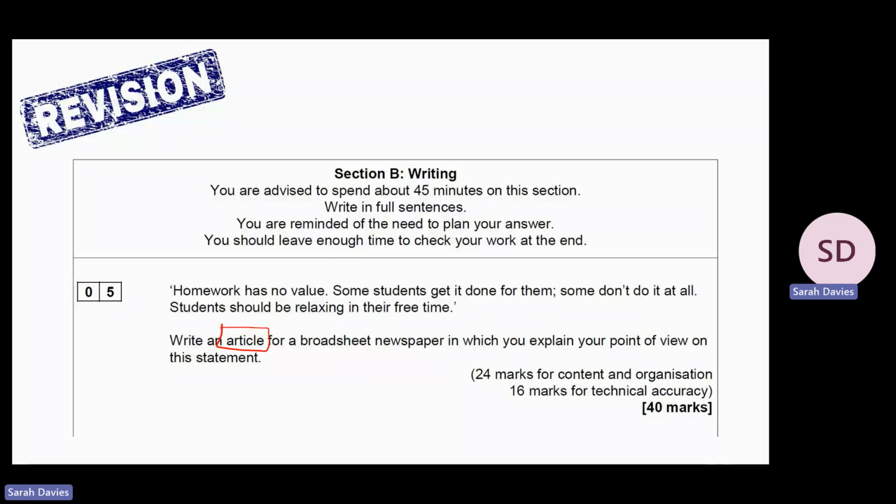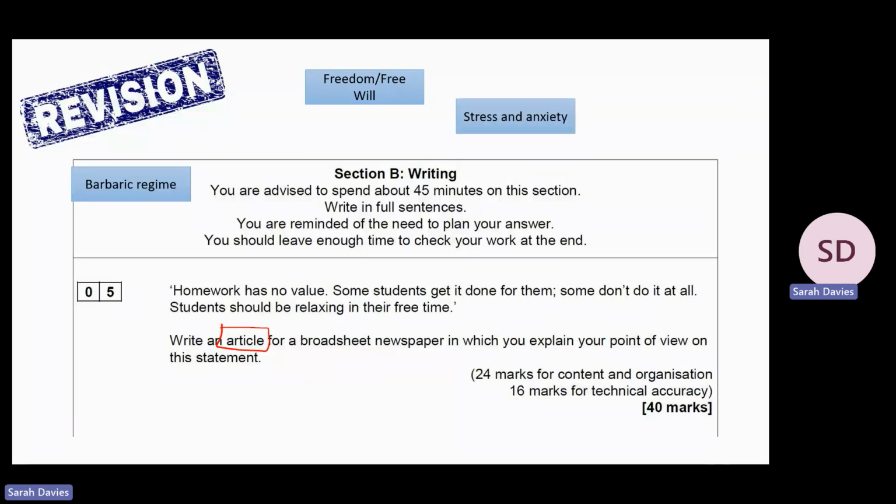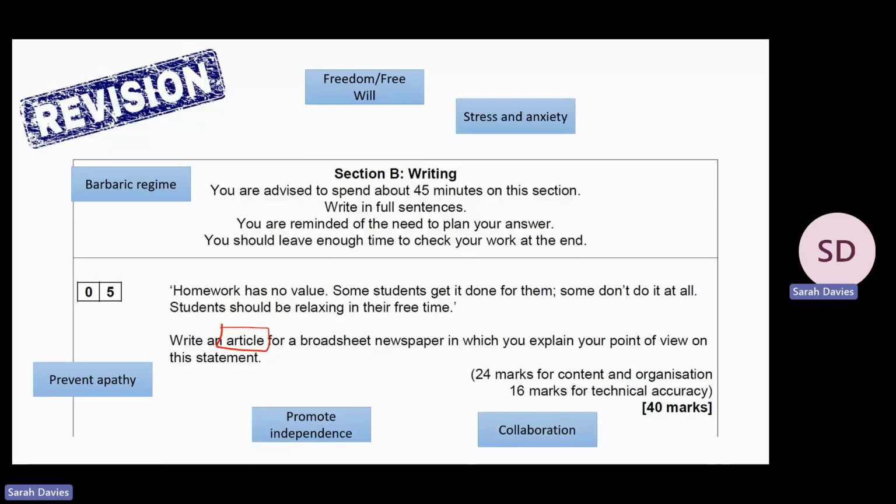But in this circumstance, we start thinking about vocabulary words, and we might go with things like freedom and free will, stress, anxiety, barbaric regime. Or alternatively, on the other hand, you might talk about how there's a prevention of an apathetic attitude, or promoting independence or collaboration. So you start thinking about it from all points.